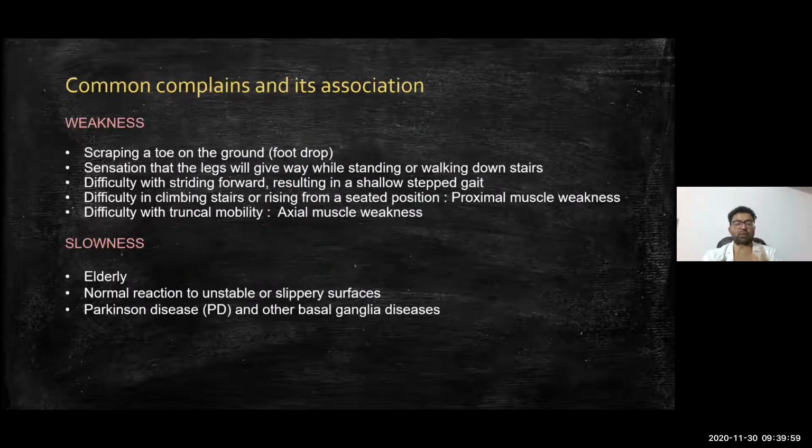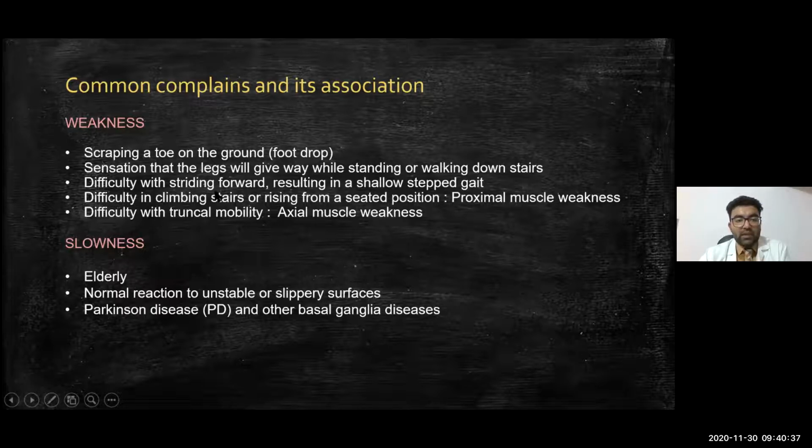Now, how will the patient present to you? If the person is having difficulty with gait, the patient might complain of weakness. Weakness can be presented as scraping a toe on the ground while walking, which we usually find in foot drop, or a sensation that the leg will give way while standing or walking downstairs.